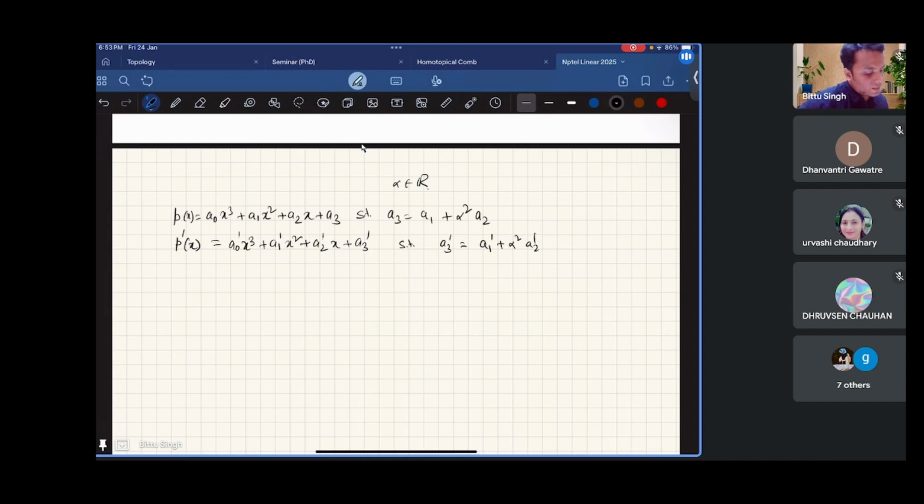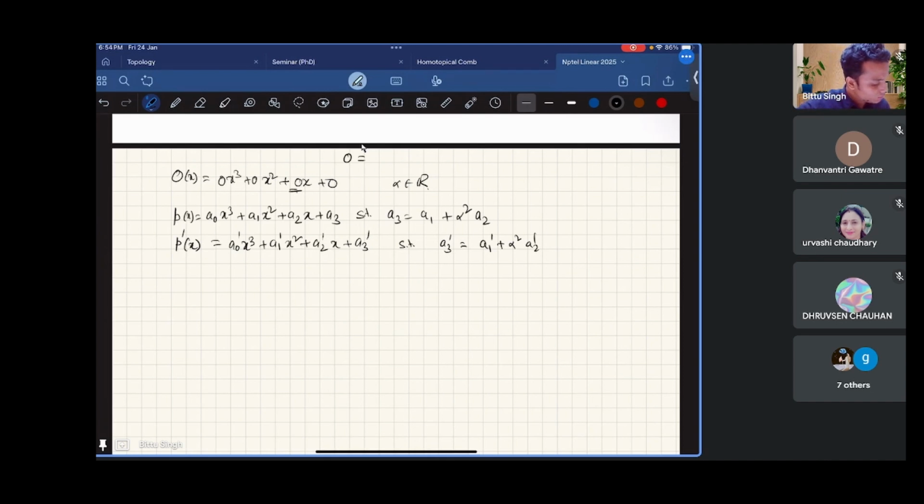So first we can see that 0 is already there, because if we write 0x cube plus 0x square plus 0x plus 0, this polynomial, let us write it as 0x. Then we can see that the third entry, which is 0, satisfies the condition.